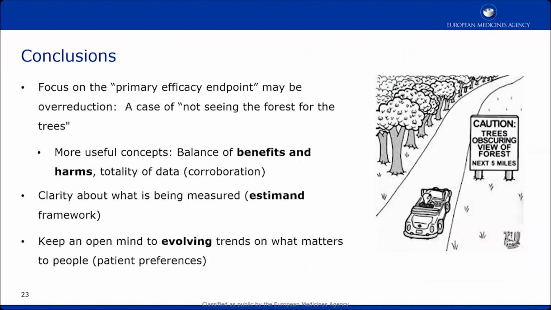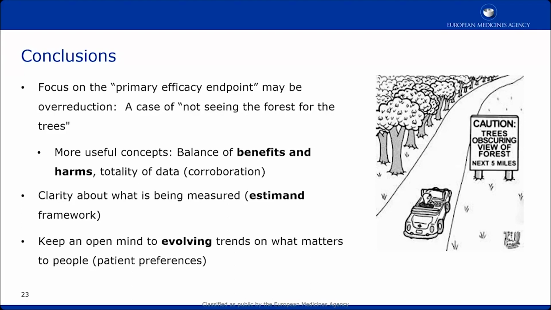One is not to over focus on the primary efficacy endpoints. Often that's the only thing people talk about, but a benefit risk assessment is done on the basis of a whole dossier. And it's a case of not seeing the forest for the trees, really, when one singularly focuses on the p-value for one treatment comparison.